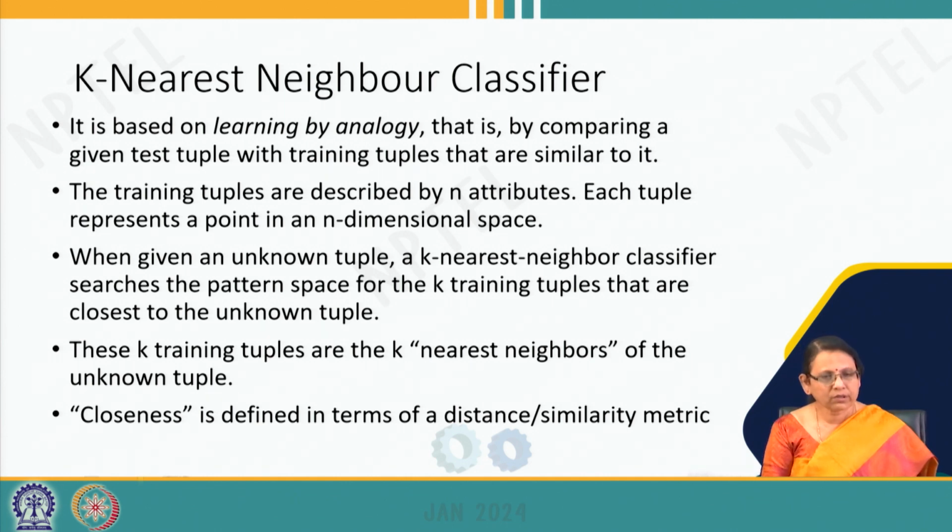Now coming to this kNN classifier, it is based on learning by analogy, by comparing a given tuple with the training tuples that are similar to it. For example, when a user is coming to your website or your e-commerce site, and you have some item, you have to compare what this user has already seen in the past with all the items, and finding the similarity value you can recommend.